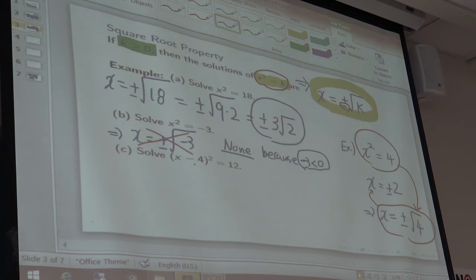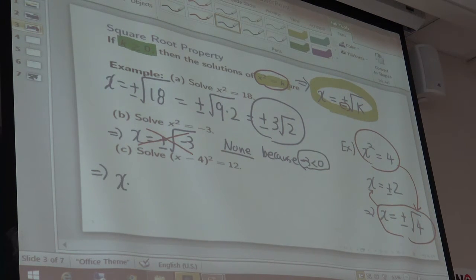Now we also have x minus 4, quantity squared, is 12. We can still use the same thing. Just imagine that x minus 4 is one single number or variable. Then something squared is 12, so we can use the formula.